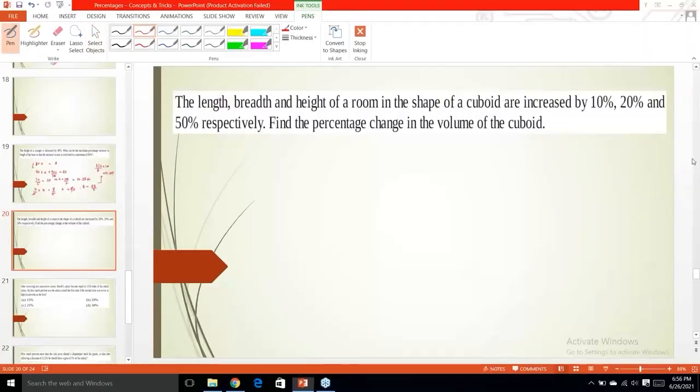Okay, good. Again, we use the same formula repeatedly, right? Start off with 10, add 20 plus 200 by 100, right? So this comes out to be 32%. Now combine this 32 with 50. Okay, so this is 32 plus 50 plus 32 into 50 by 100, which is 1600 by 100. So 16. So 98%.